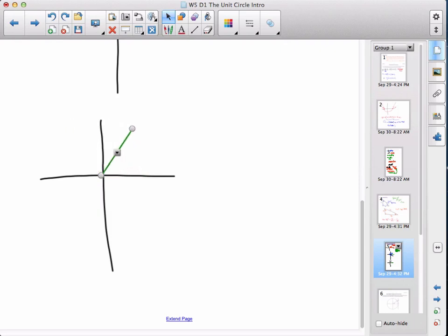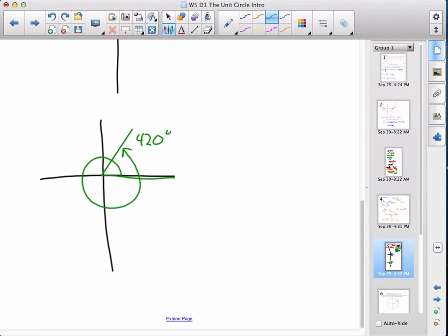So I can have an angle that goes around once and back up here. We call this 420 degrees, right? 360 plus another 60 would be 420 degrees. And it's opening in the positive direction, right? The counterclockwise direction. It's gone around 360 degrees plus another 60, and now it's at 420 degrees.